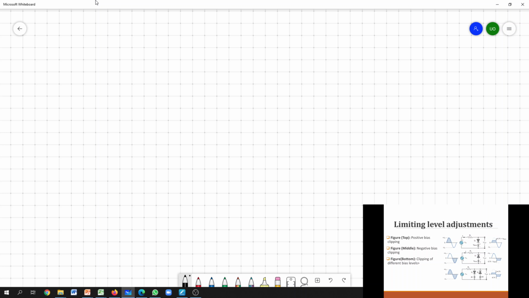So this time we'll think of a different way. Like, for example, if you have a diode, this is your input. If it is sinusoidal, then this is minus and this is plus of the diode.